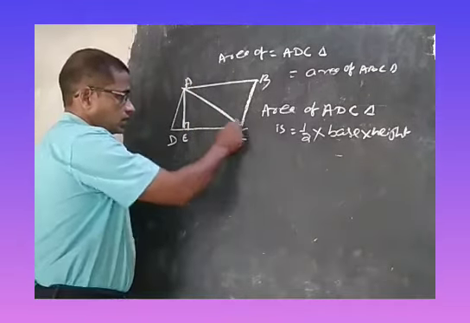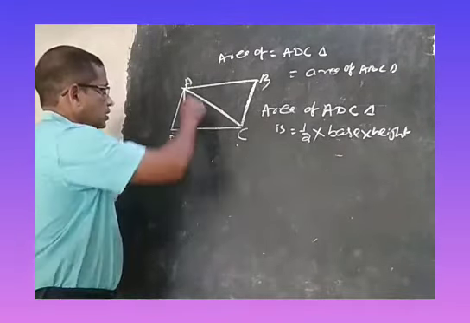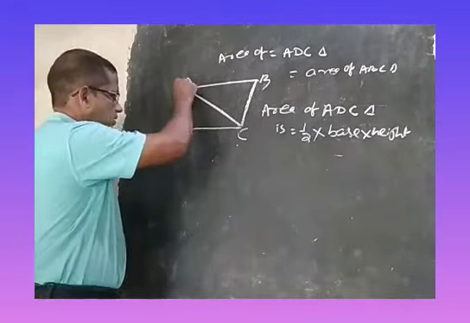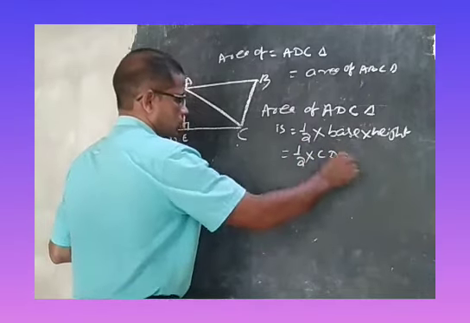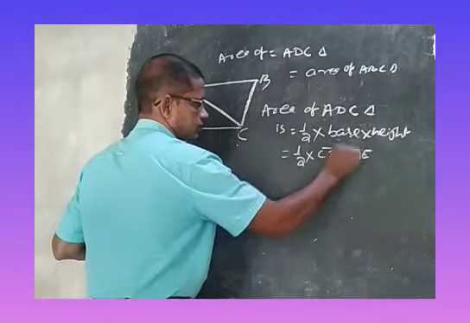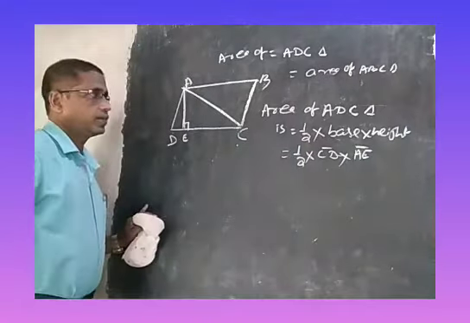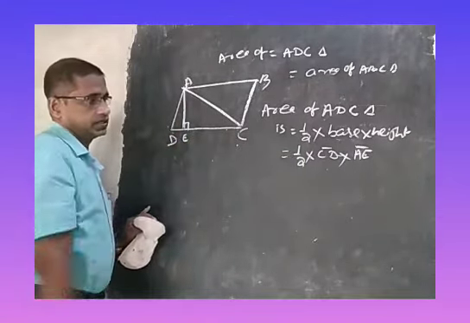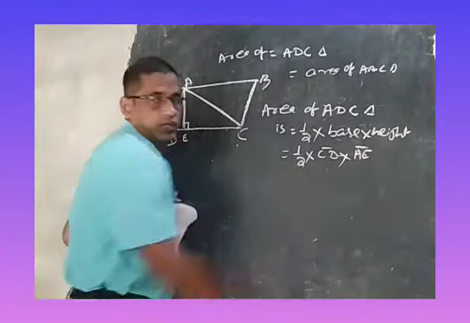Here the base is CD side and the height is AE. Then 1/2 into CD into AE. The area of ADC triangle is 1/2 CD into AE.